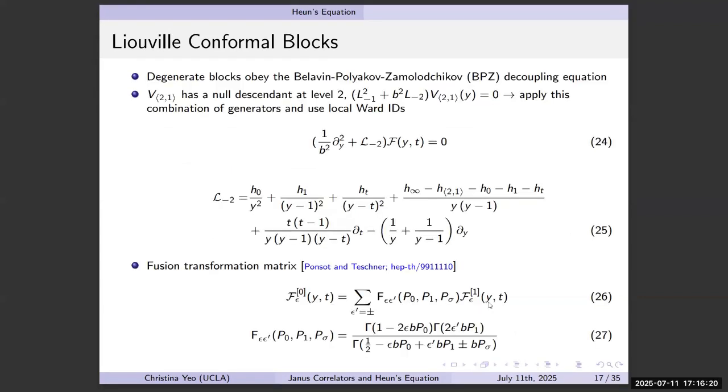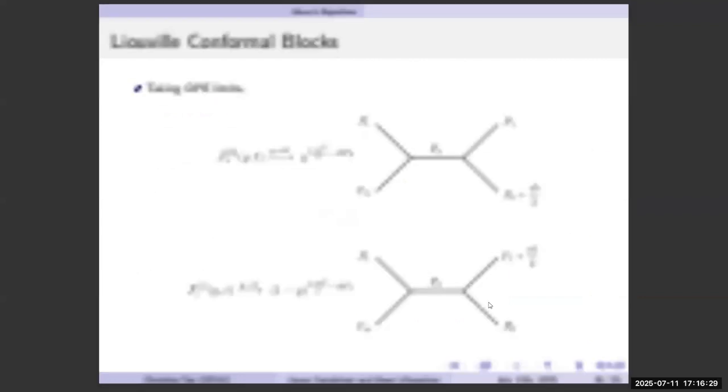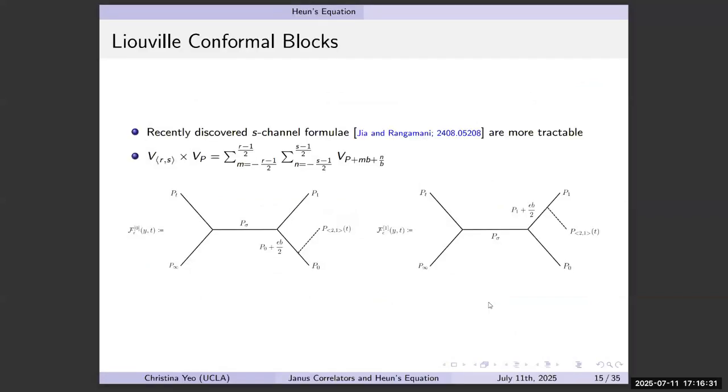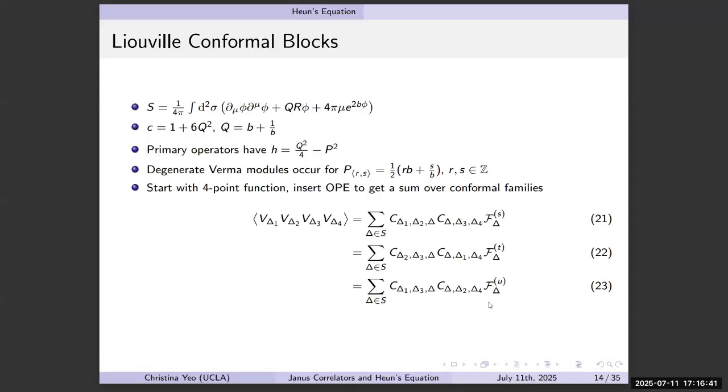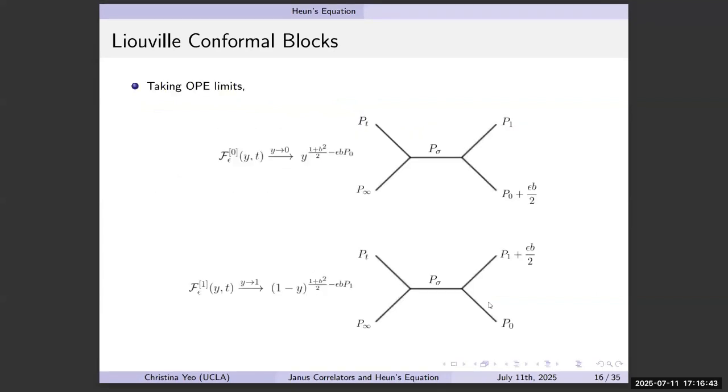So there is some background metric dependence, so that's why it is different, there is a Y dependence. The Y here is, oh yeah, the Y is the coordinate in this CFT.